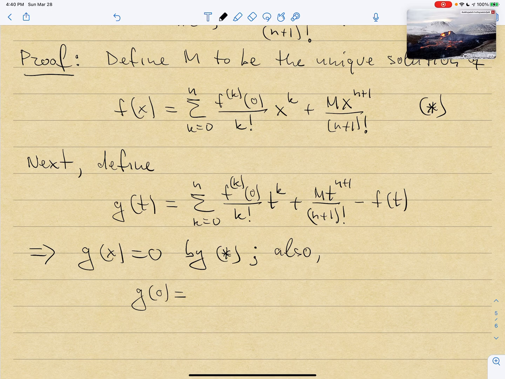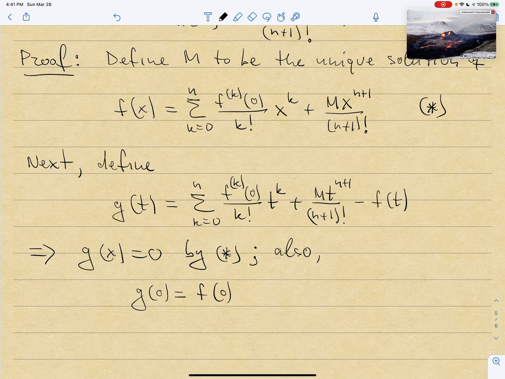Well, if I'm computing this sum, if I plug in t equal to 0, just like what we were doing during the previous lecture, if I'm looking at a sum where the first k is equal to 0, then for the first element I'm raising t to the power 0, 1. There is no t in this expression. So for sure I have the 0th derivative of f evaluated at 0 divided by 0 factorial. So that's f of 0.